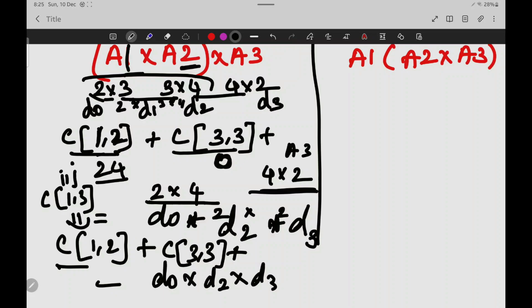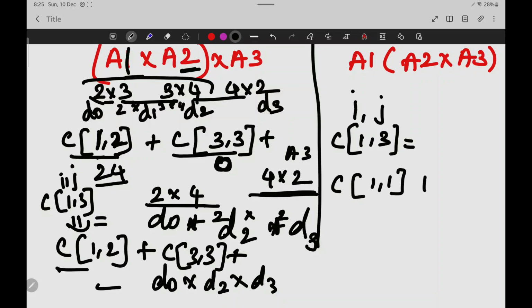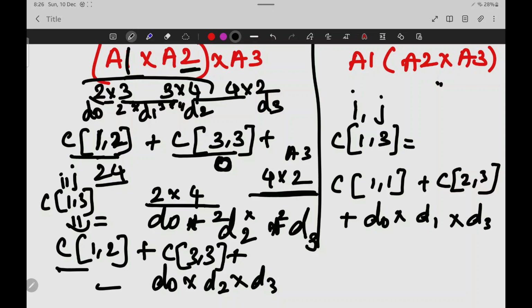Similarly, suppose we take 1, 3 with some other combination, consider i, j is 1, 3. We need to multiply these matrices. We may get C of 1, 1 plus C of 2, 3, plus this combination I am writing: D0 into D1 into D3, which gives the dimensions we are getting.